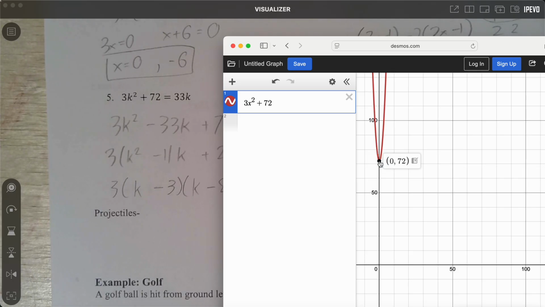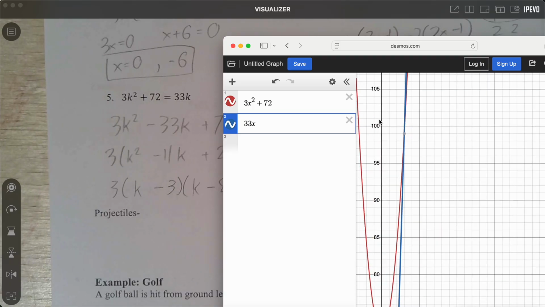So practically, no one by hand is really going to graph a y-intercept at 72 with any real accuracy. Now from there, we're then graphing the line 33x or 33k, which means I'm graphing the line that does have a y-intercept of 0, but it has a slope of up 33, right 1, which once again, none of us are going to graph well.